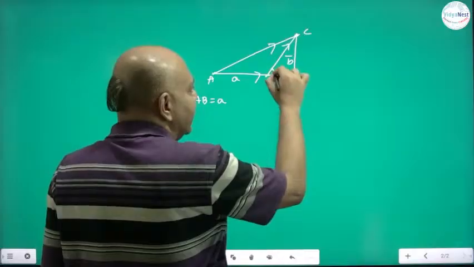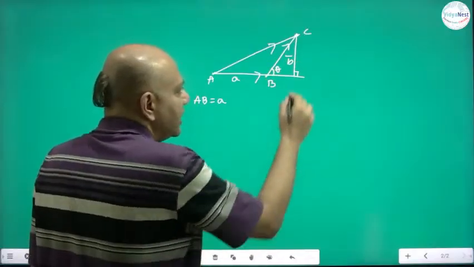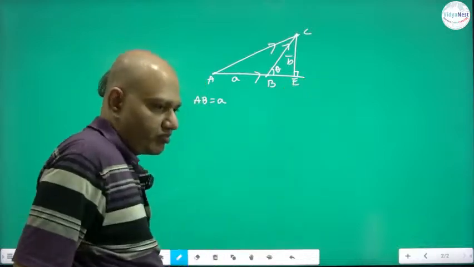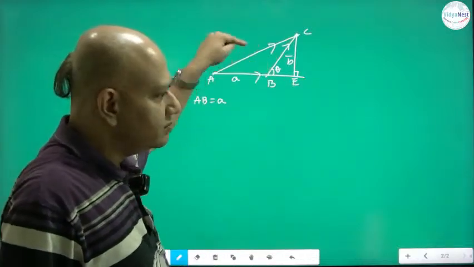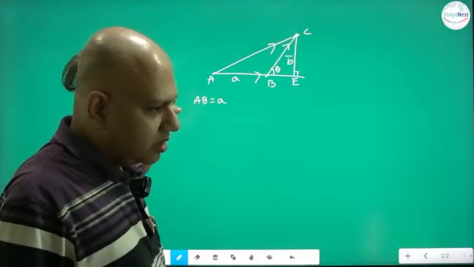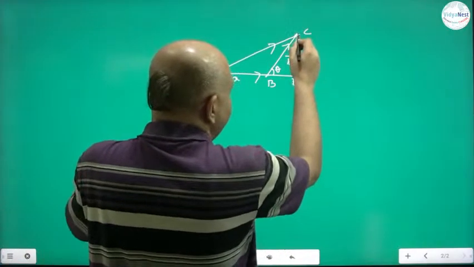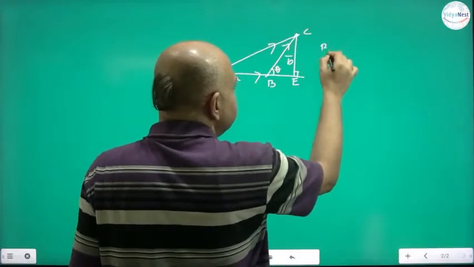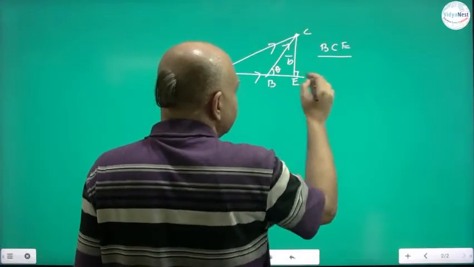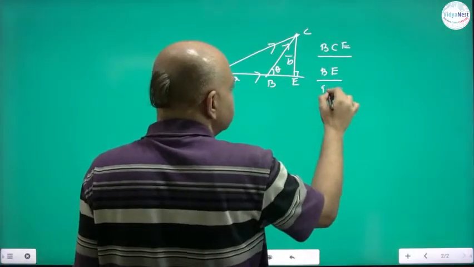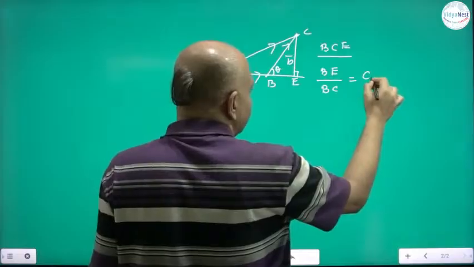This angle is theta. Perpendicular drop, this point is E. Geometry, you understand now? Right. In the triangle BCE, BE by BC is equal to cos theta.